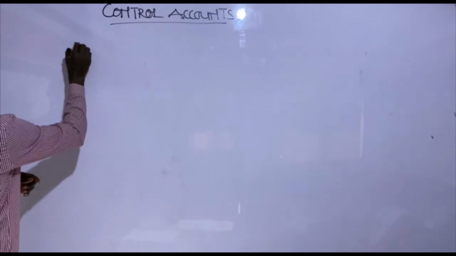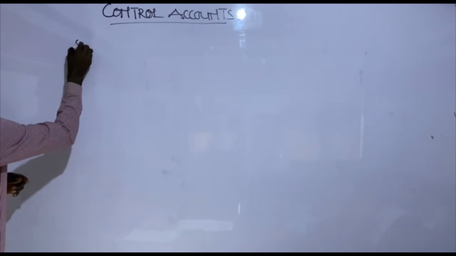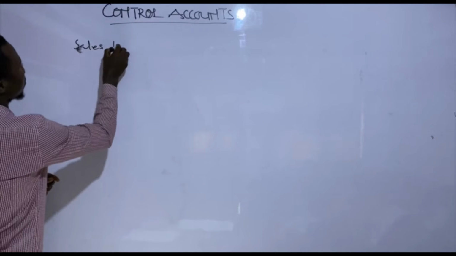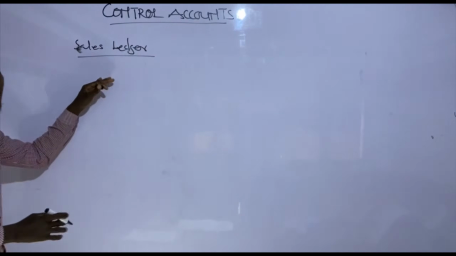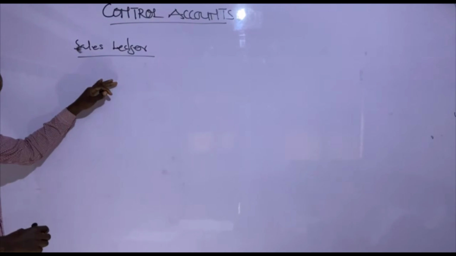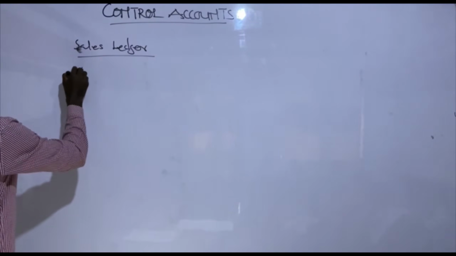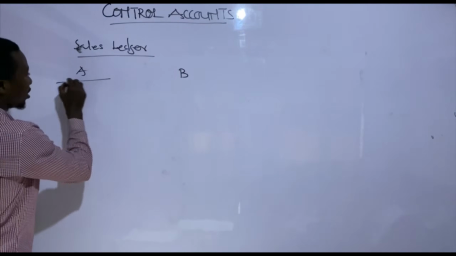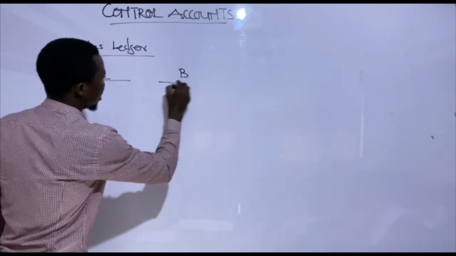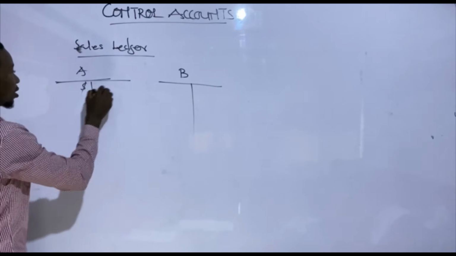We have established that the sales ledger contains accounts of debtors or customers. So we may say that debtor A and debtor B accounts can be found in the sales ledger. Is that okay?